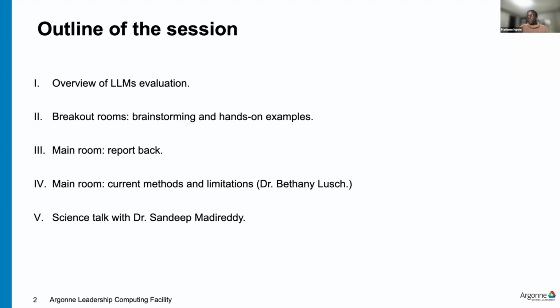Then we are going to break you out into rooms where you will brainstorm on specific predefined use cases. After that, you are going to report back to us in the main room, and we expect to have a discussion about what you think, the evaluation techniques, strategies you thought about, and what you think could be done or should be done about evaluation.